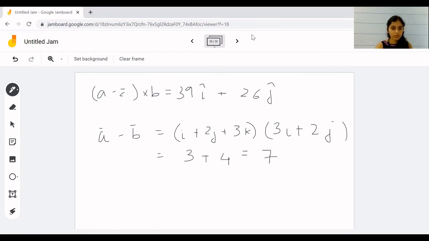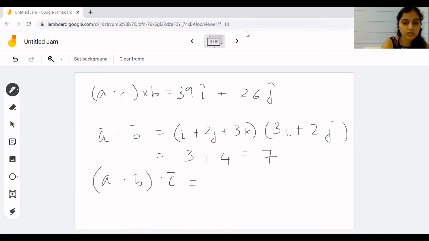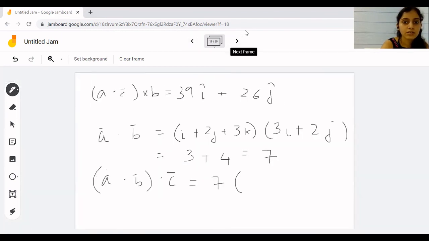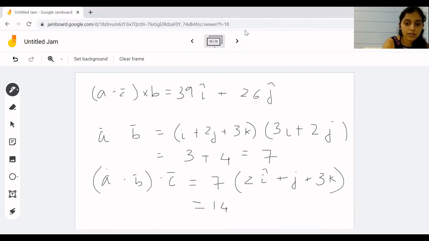Okay, so a bar dot b bar is 7. Now a bar dot b bar into c bar is equal to 7 into, what is the c bar vector? 2i plus j plus 3k, which is equal to 14i plus 7j plus 21k.